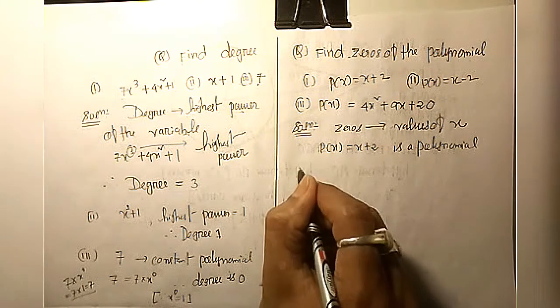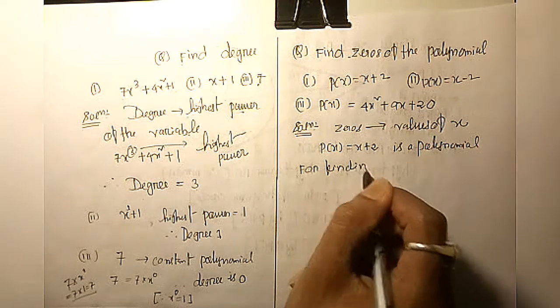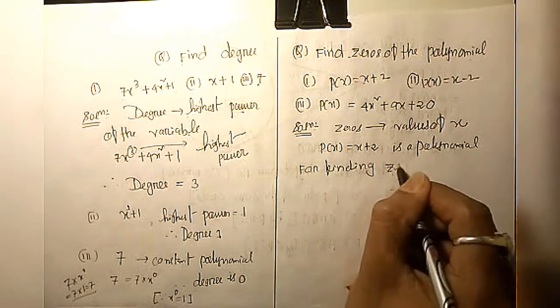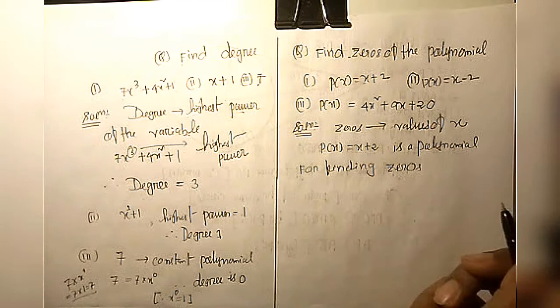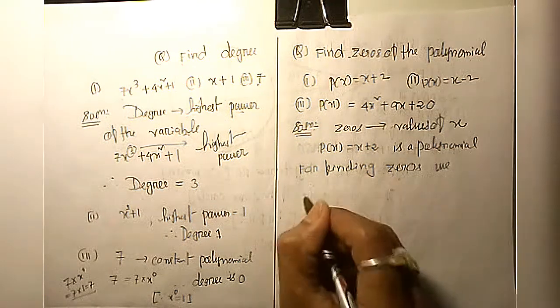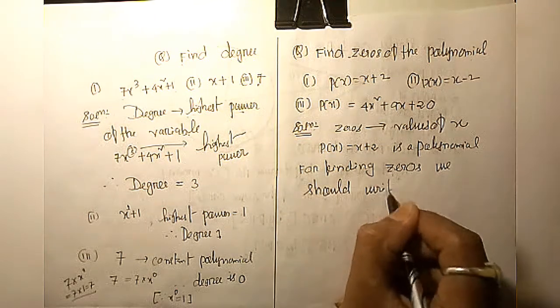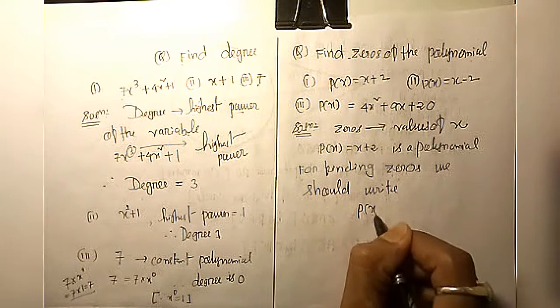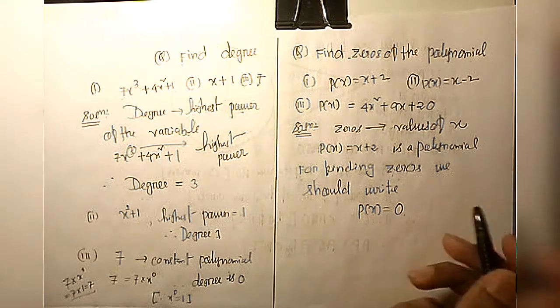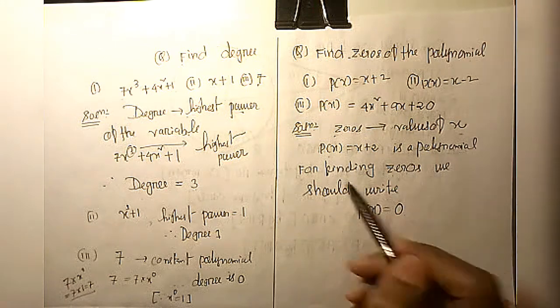There is a certain rule for how to find the zero. For finding the zeros, we need to equate the given polynomial to 0. That means we should write P(x) equals 0.